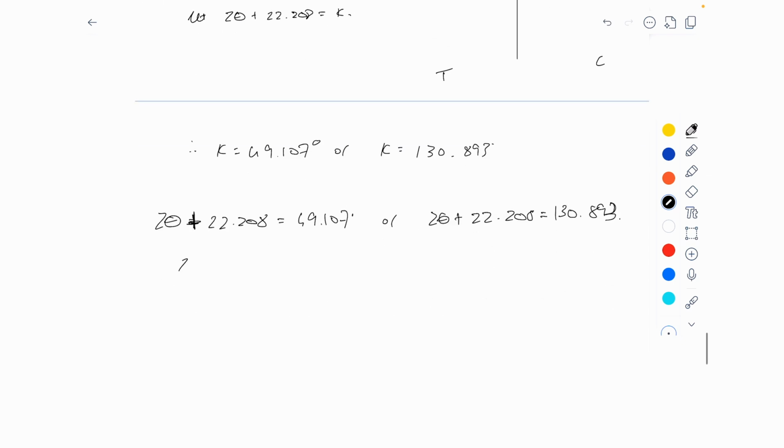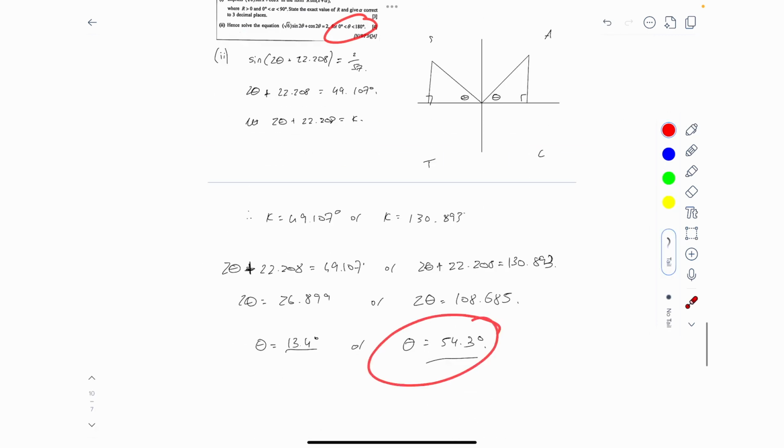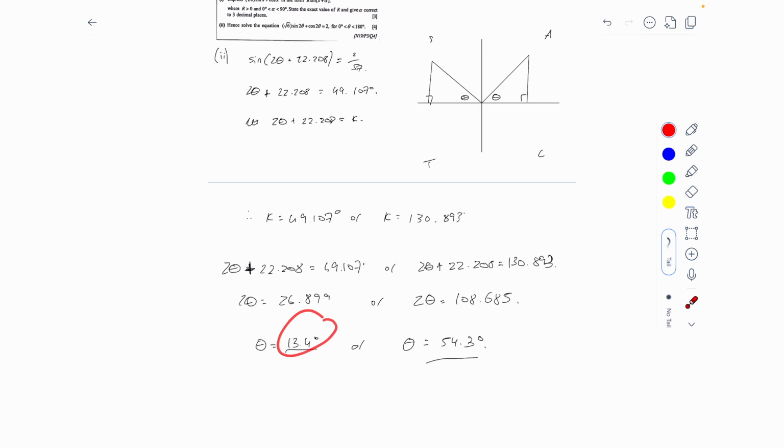Which means that 2 theta is going to equal 26.899, or 2 theta is going to equal 108.685. Which means that theta is going to equal 13.4, or theta is going to equal 54.3. Those are your final answers, and they are within our bounds, and we can't go any further than this, because these are our only solutions.